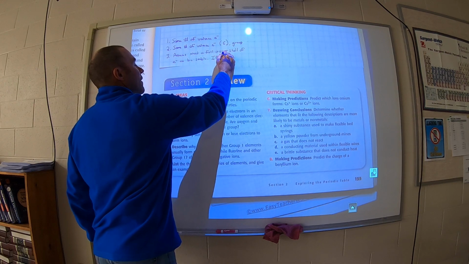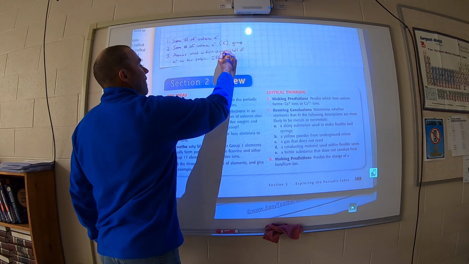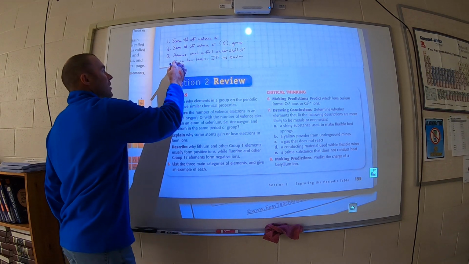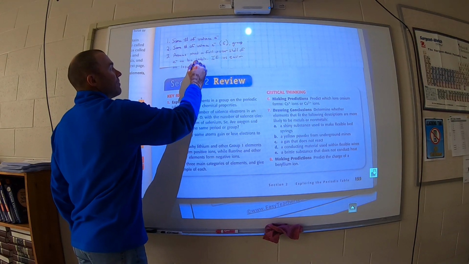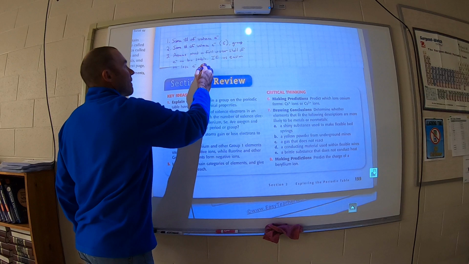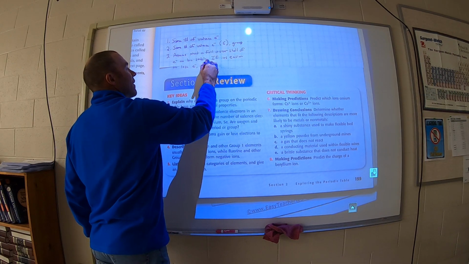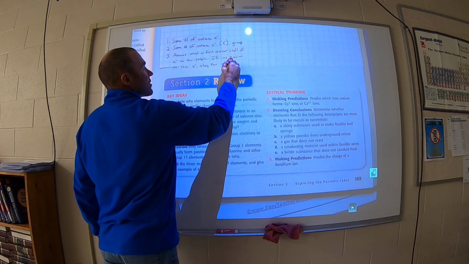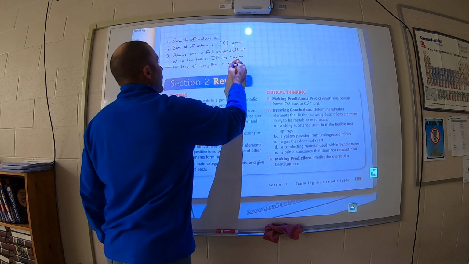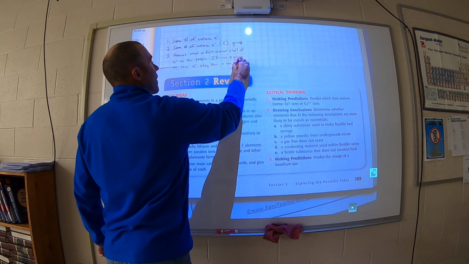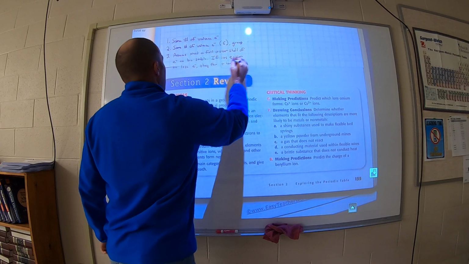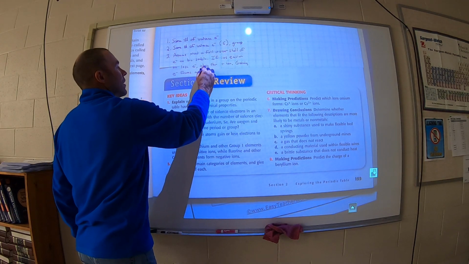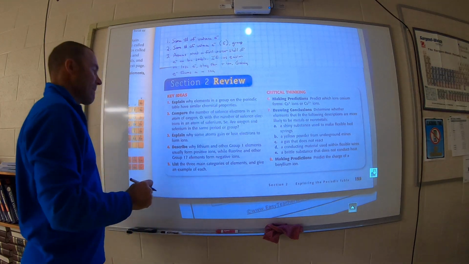If it's easier to lose electrons to be stable, they form a plus ion. Gaining electrons forms a minus ion.